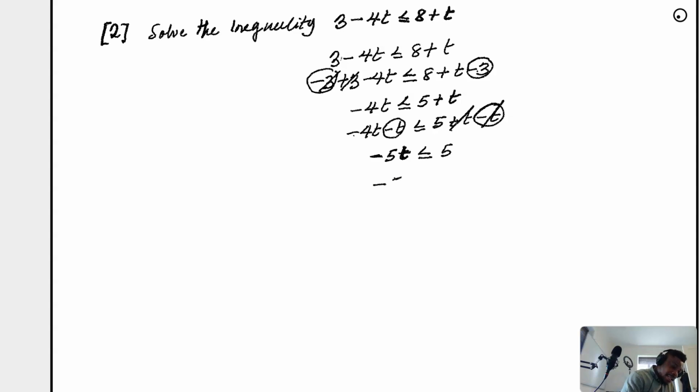So I'm dividing by minus 5, so I have to change the sign as the rule says. So this one, we take out this one. So t is greater than or equal to minus 1.